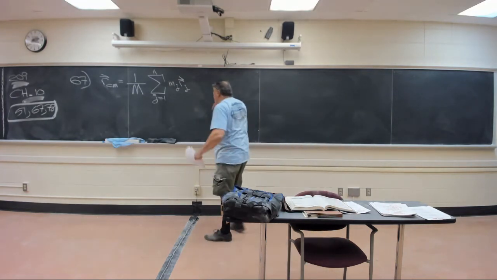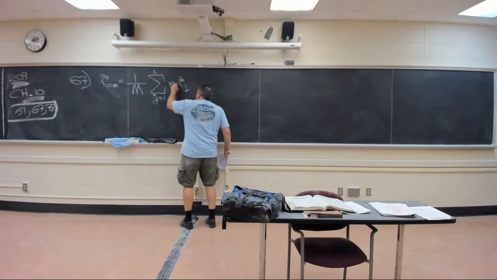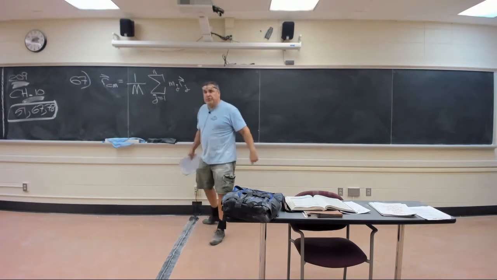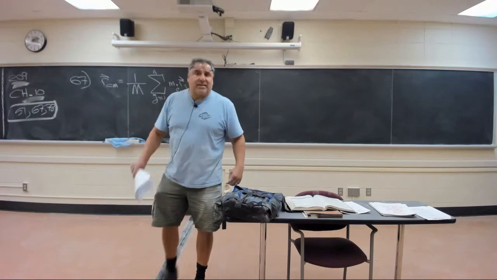If you're going to do a weighted average, you take the mass of one of the elements and multiply it by its position vector away from some arbitrary origin of consideration. It doesn't matter where you choose the origin, actually. It'll work out the same either way.